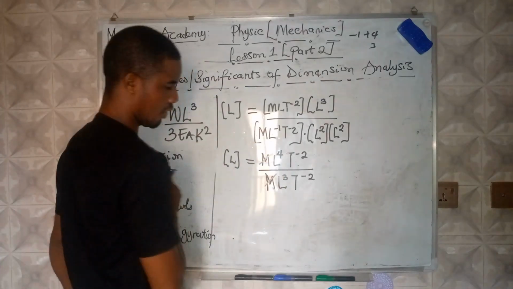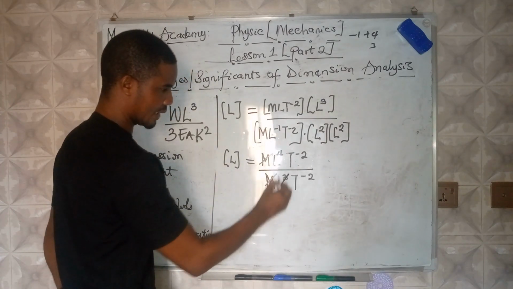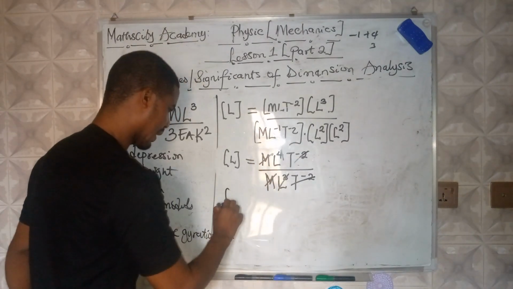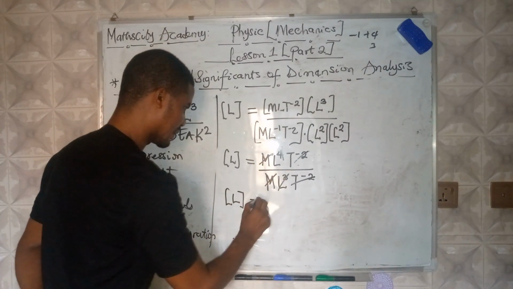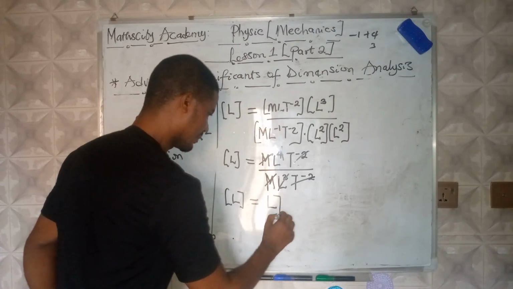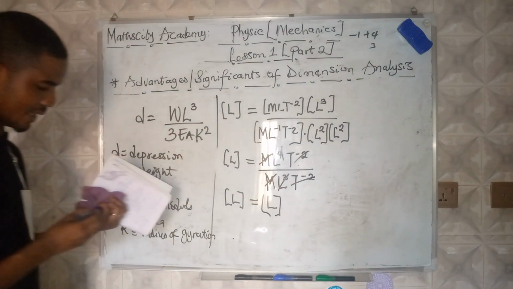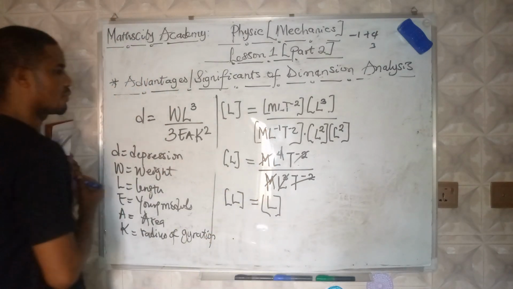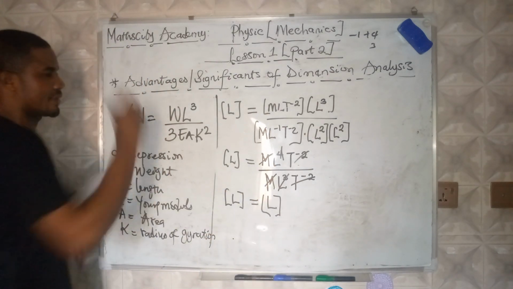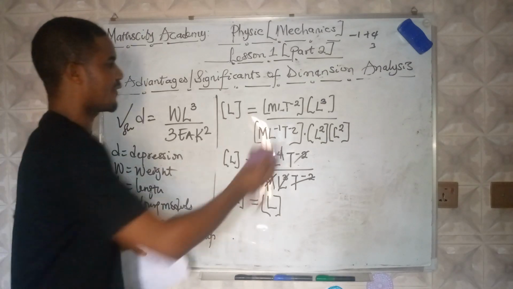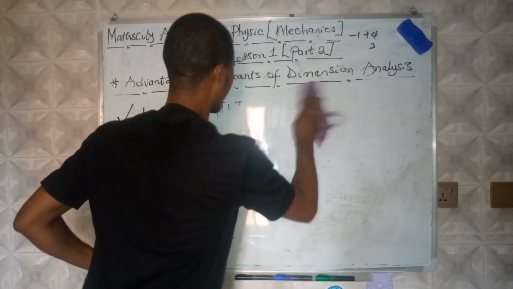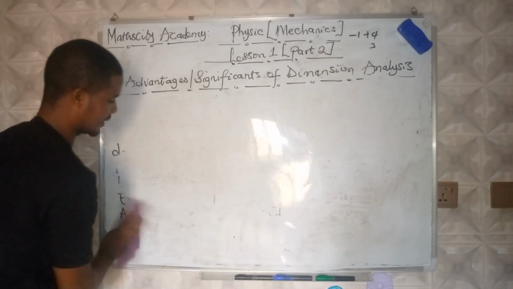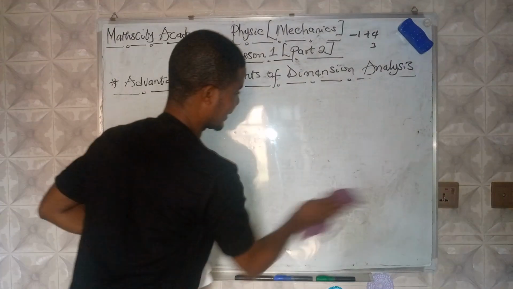There are 4 of L up and 3 down, so it will cancel out, leaving 1 there. This cancels out this, so I'm having L equals L. Finally, if you observe homogeneity, what is here is what is here. It means that this equation is correct. Okay, that is the first example for the application of the advantage, the significance, of dimension analysis.